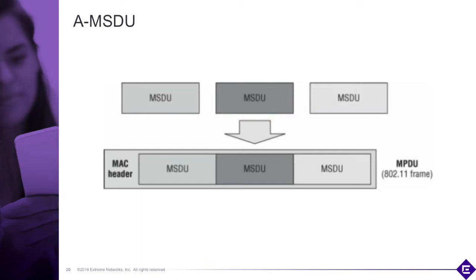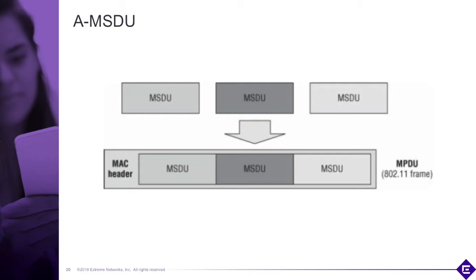So we're cutting down our overhead tremendously by cutting down on the amount of bytes we're sending because of the lack of overhead, as well as the lack of having to acknowledge each frame individually. And then we also save the time it would take to compete for the medium again. So we know only one device can talk at a time, and if this one device can send this big data unit instead of multiple small data units, then it can compete one time, say what it needs to say, and then get off the medium, saving us our precious airtime.